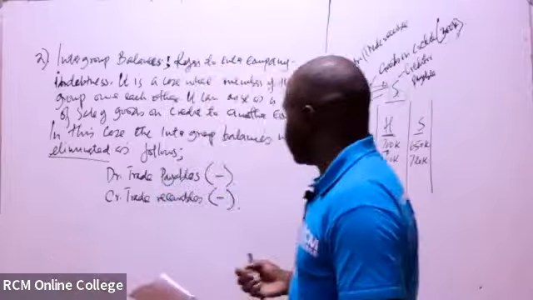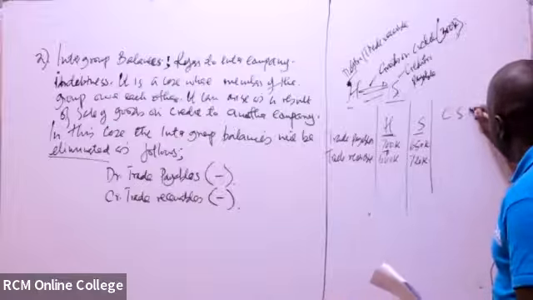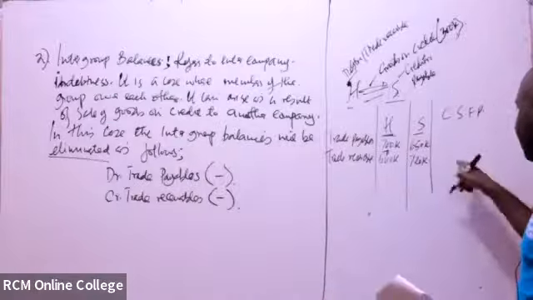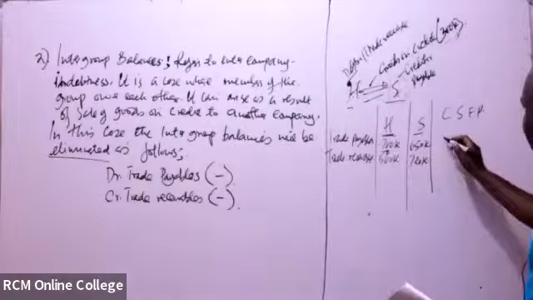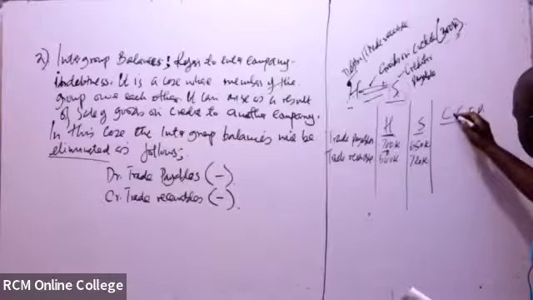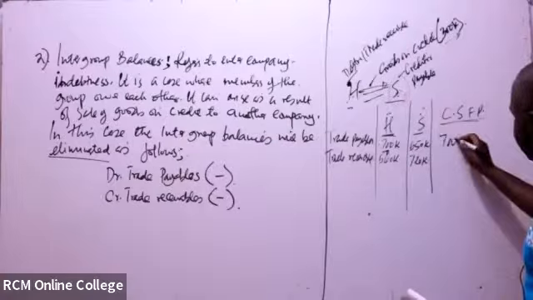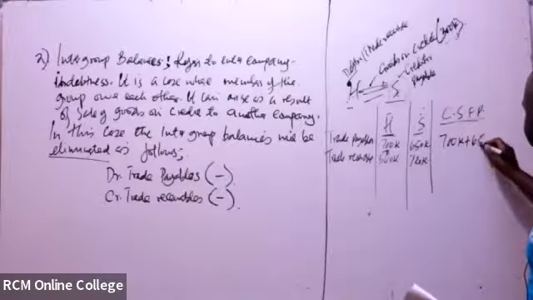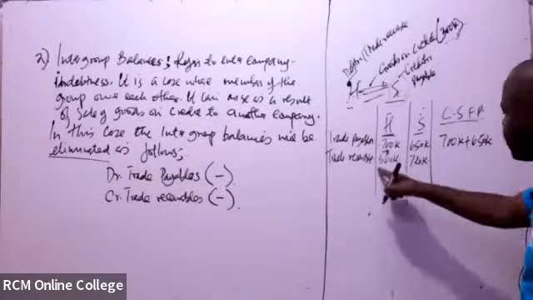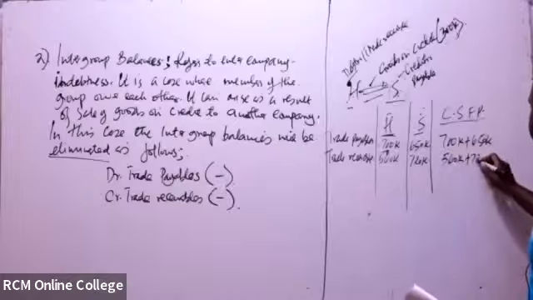So to get the consolidated trade payables, we add 700K plus 650K, and for the trade receivables, we add 560K plus 720K.